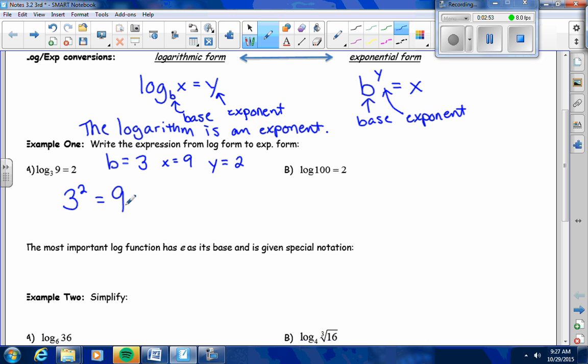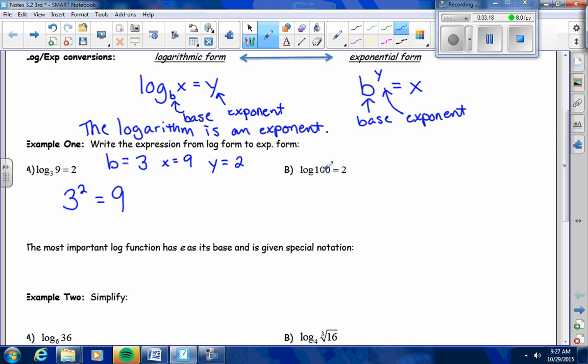3 squared equals 9. When you change it into the form, you need to make sure that it makes sense, so that you've done it correctly. 3 squared equals 9. The second one, log of 100 equals 2. What is the base of that logarithm? Why is it 10? For some reason, it's automatically 10.